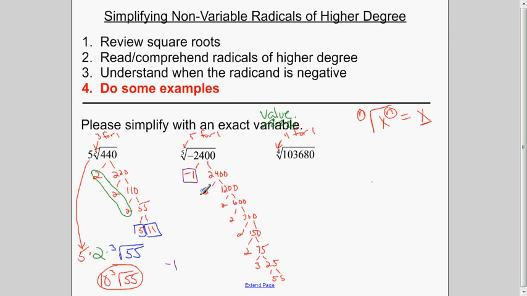So I've got 1, 2, 3, 4, 5. So the 5 for 1 method says I can pull those 5 factors of 2 out and make it 2. And then on the inside, I'm still doing the fifth root of my remaining factors, which are 3, 5, and 5, which is going to be 75.